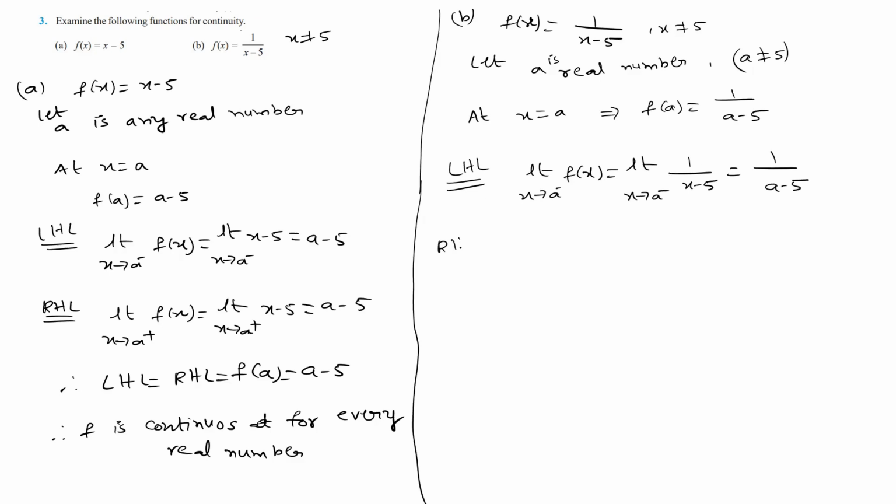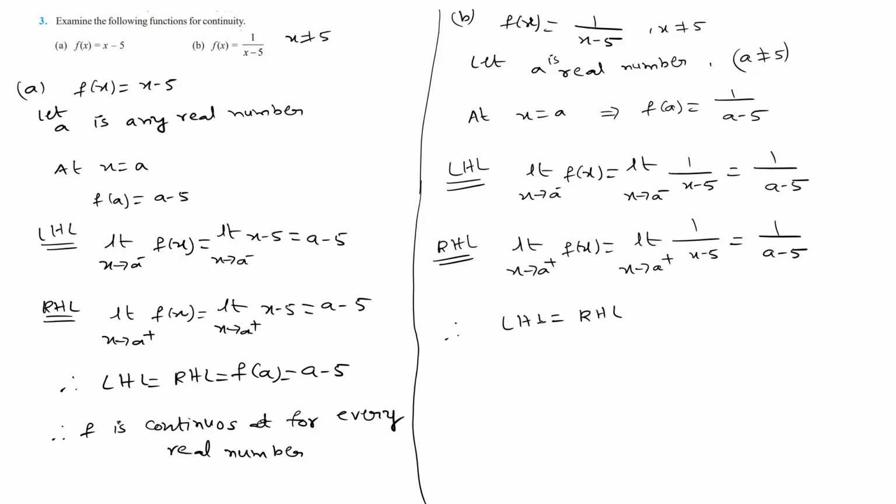The RHL is limit x tends to a plus of f of x, which is 1 divided by x minus 5, so this also is 1 divided by a minus 5. Therefore, LHL is equal to RHL is equal to f of a, which is 1 divided by a minus 5.